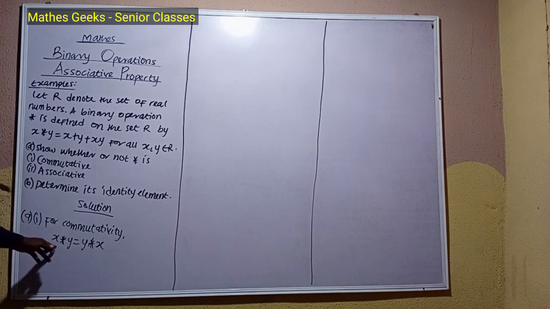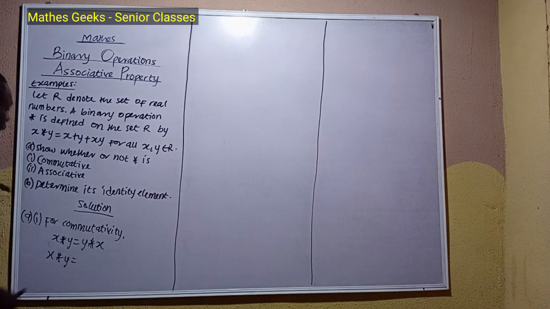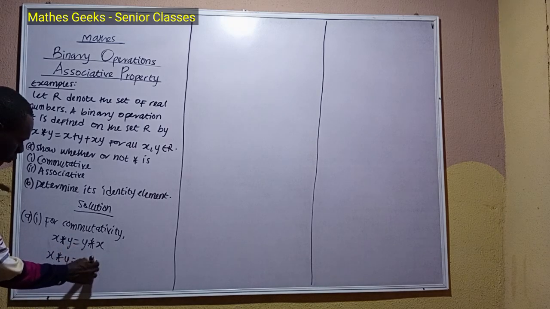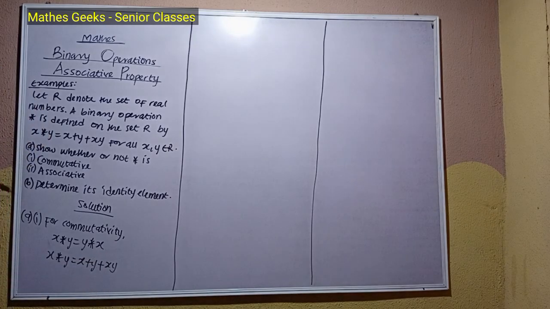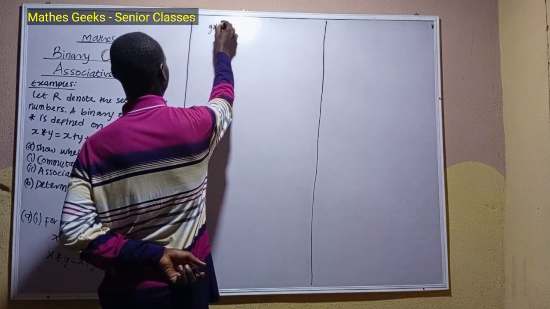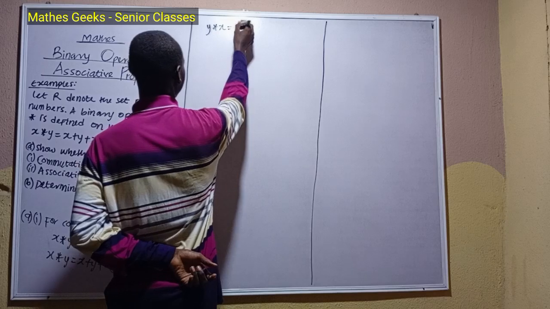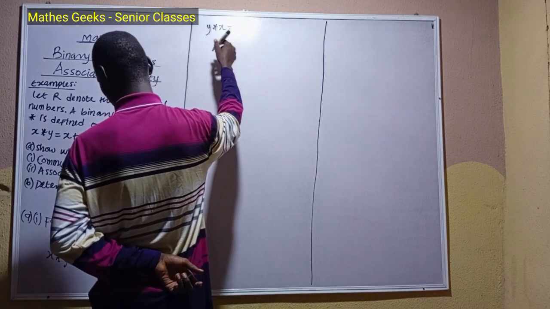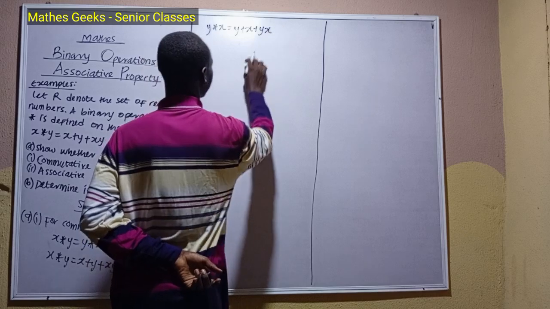We already know that x star y is equal to x plus y plus xy. So what would y star x give us? y star x is equal to y plus x plus yx.